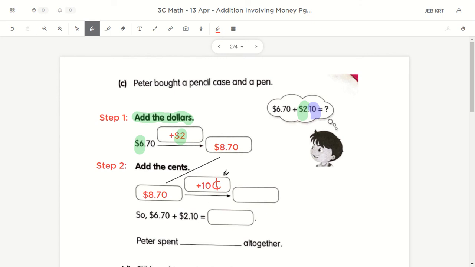So $8.70 add my 10 cents. You realize that I just need to add 10 cents to the 70 cents. All I get is $8.80. So the final answer is $8.80.